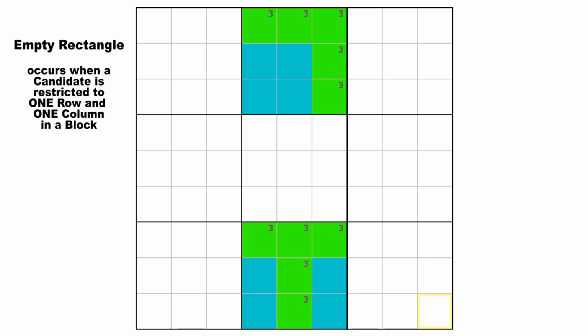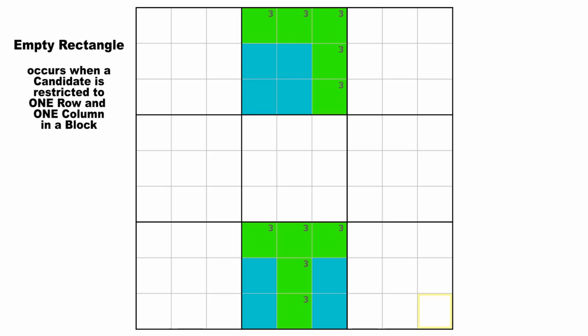And again, those aqua-colored cells form the empty rectangle where our candidate of focus is not located. If you remember from geometry class, a square is a specific kind of rectangle. So all squares are rectangles, but not all rectangles are perfect squares.